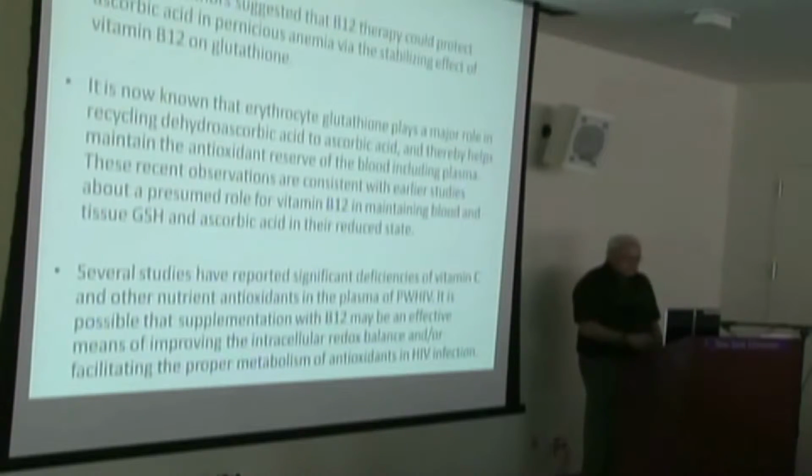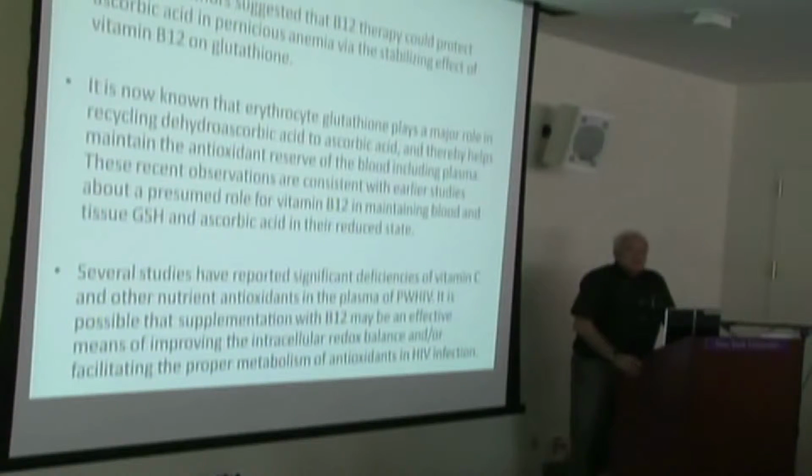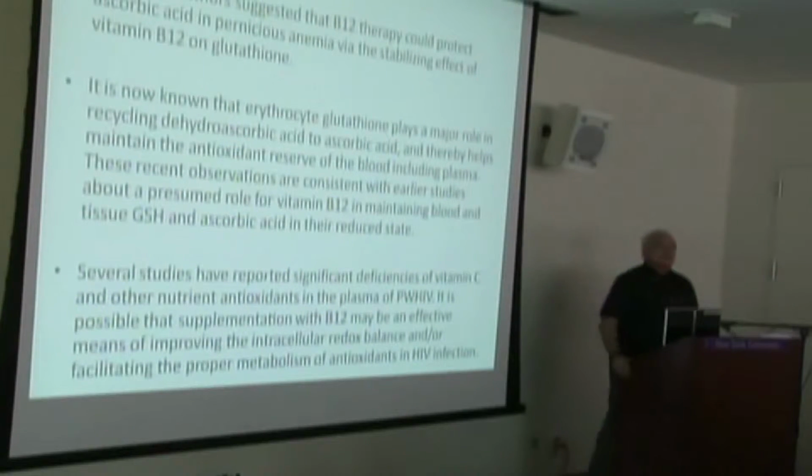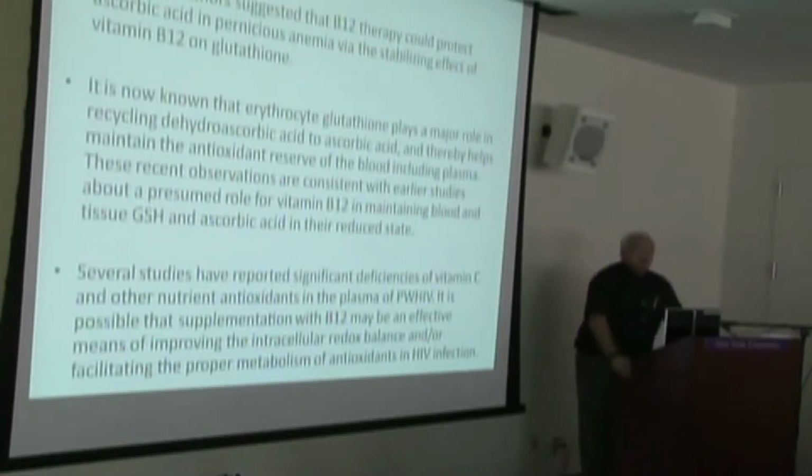So this antioxidant, I don't want to go into too much detail here, but the erythrocytes, the red blood cells, the glutathione usually is shipped around to the different tissues in the red blood cells. And ascorbic acid helps maintain the glutathione in the reduced state. So it's important to have your vitamin C, your fresh fruits and what have you, and some of your dark greens as well.